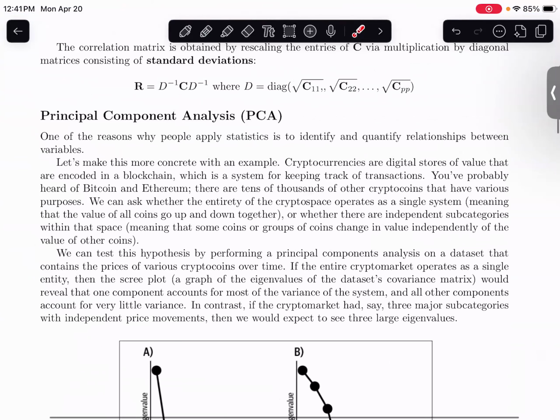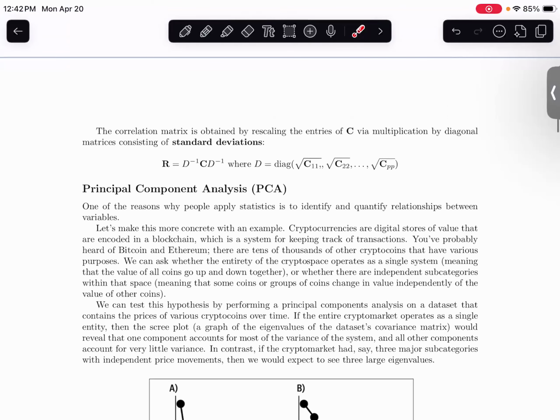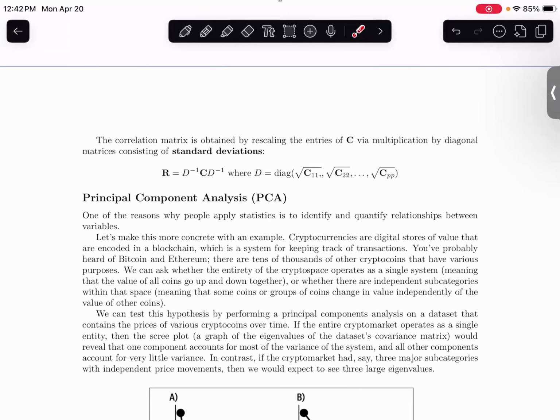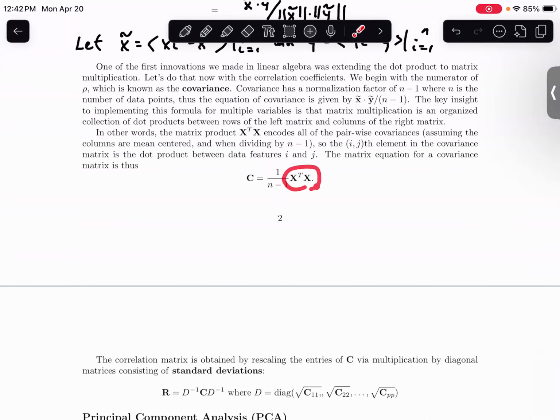I'm going to say a lot of words that don't sound like they involve linear algebra, but what principal component analysis really ends up being is just the diagonalization of X transpose times X. If you're doing principal component analysis, 90% of it is just applying eigen decomposition to this, right? So you find the eigenvalues and the eigenvectors, and then you can interpret it in terms of singular value decomposition.